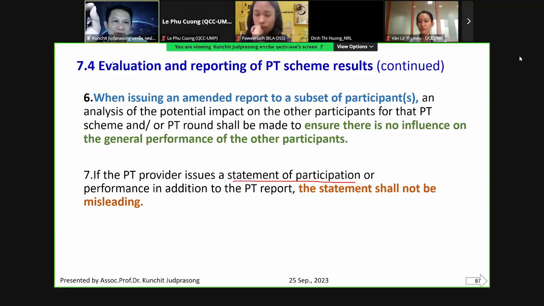We did not put the code number in the report. You remember we have one report and another letter or email saying your lab's code number is this one. So the participant who uses the report doesn't know which number is 64 or 65. We can limit it this way.